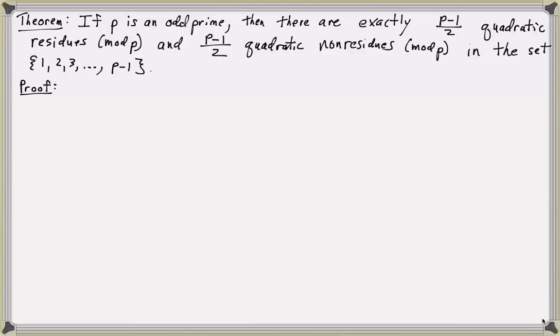So let's consider the squares of the first half of the numbers in this reduced residue system. So consider the numbers 1 squared, 2 squared, 3 squared, up to ((p-1)/2) squared.